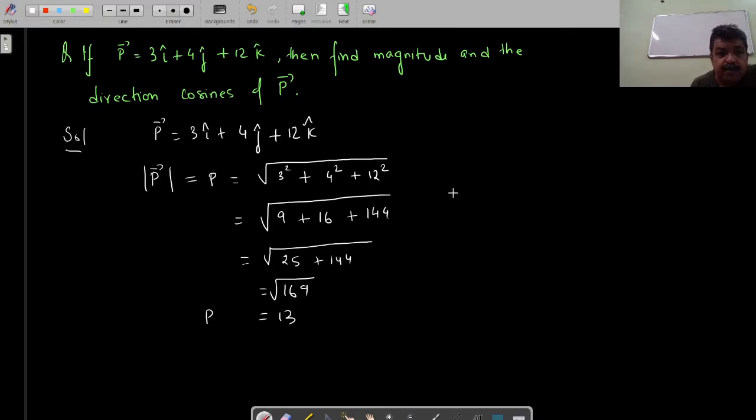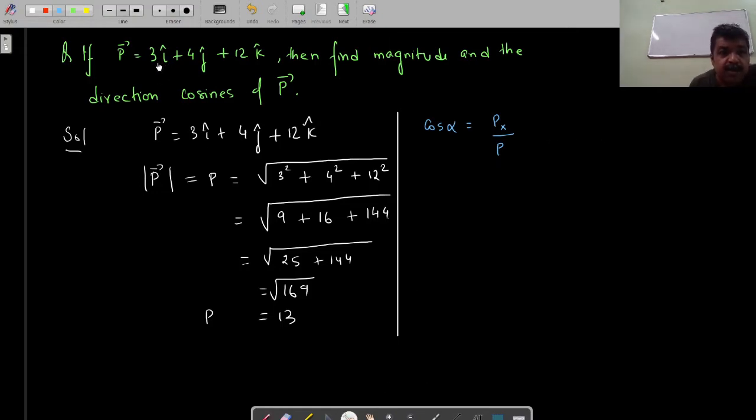Then we are asked to find the direction cosines. Direction cosines are nothing but cos alpha, cos beta, and cos gamma. Now cos alpha is px, the component of p along x-axis, divided by magnitude of p. The component of p along x-axis is 3, that is the coefficient of i cap.